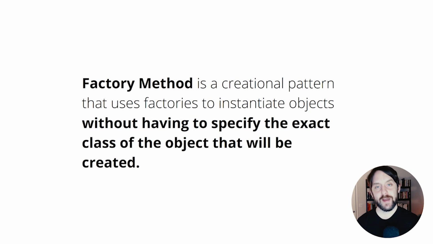We have creational patterns, of which the factory method is an example. We have structural patterns, and we have behavioral patterns. A creational pattern is, as the name suggests, a pattern that is related to the creation of new objects. So here we're talking about object instantiation.